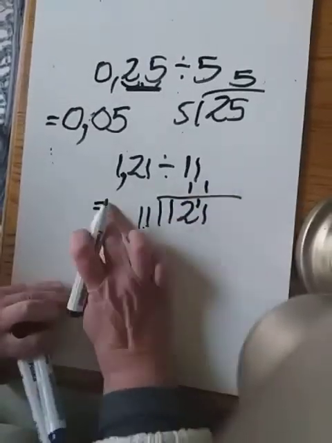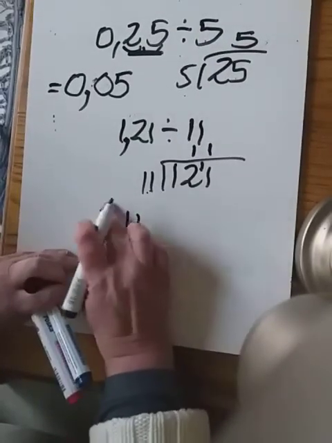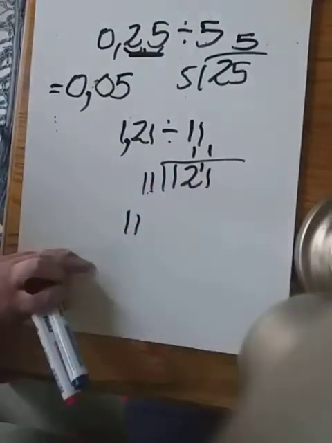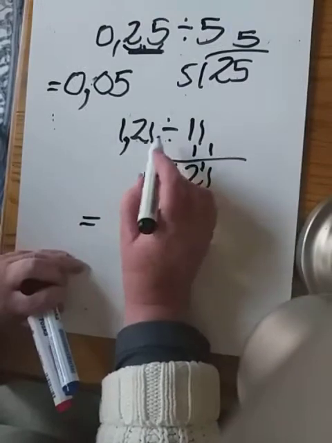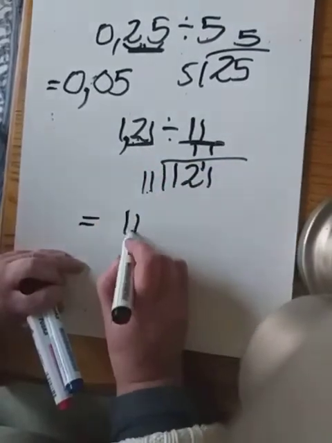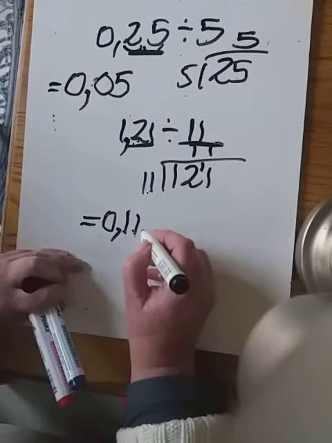So the answer here is going to be equal to 11, but that looks awful. But let's see how many digits after a comma. None here, but here there's 1, 2. So 0,11.